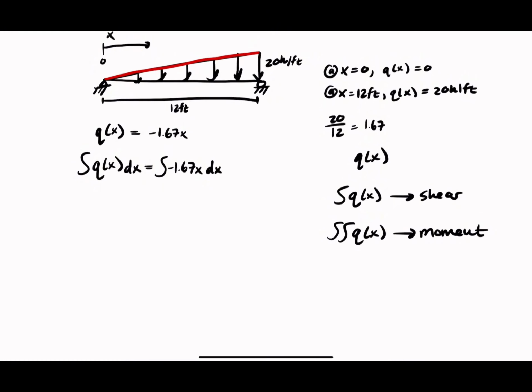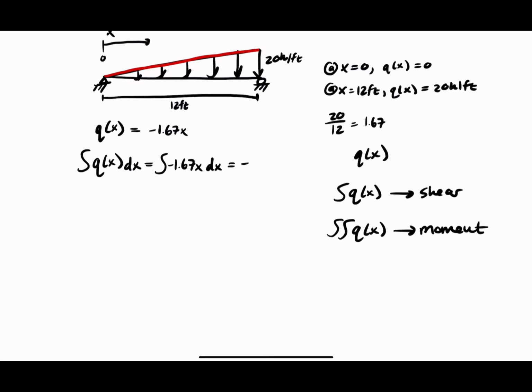So if we integrate that, we're going to get negative 1.67 x squared over 2 plus C1. Remember, when we integrate, we always introduce a constant in our equation. So we have this equation now. Now this is our shear.